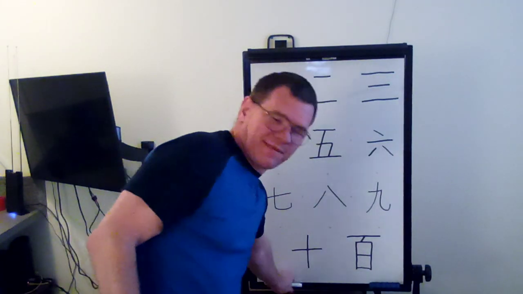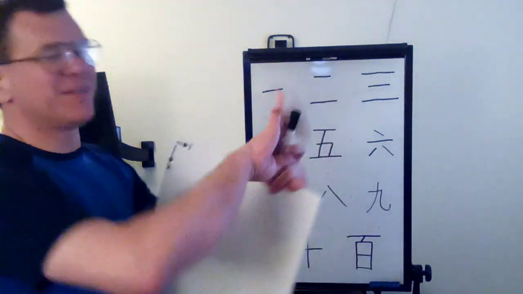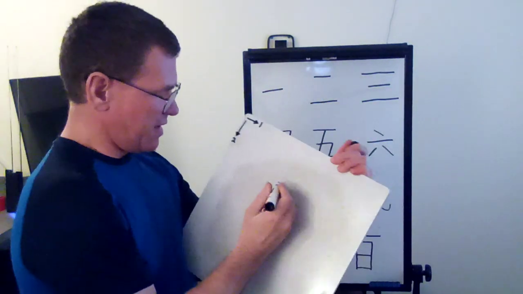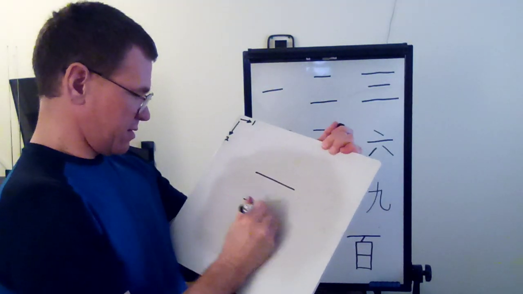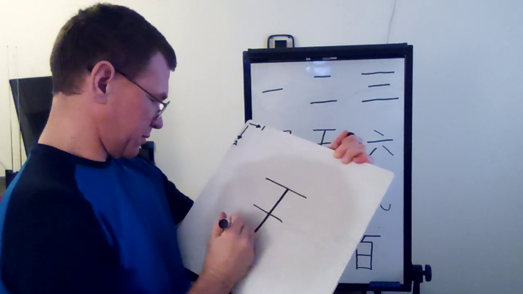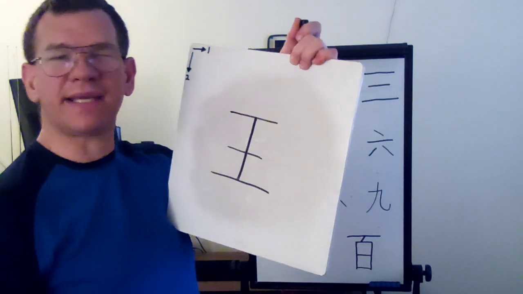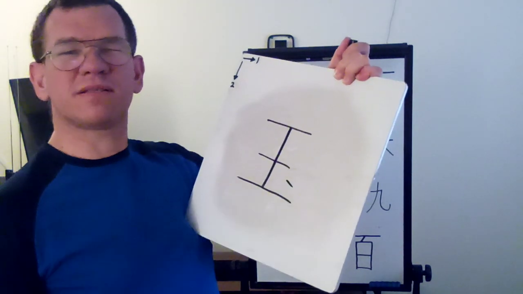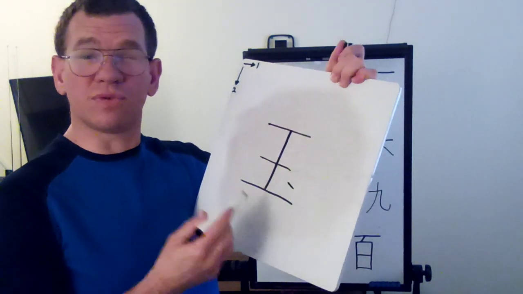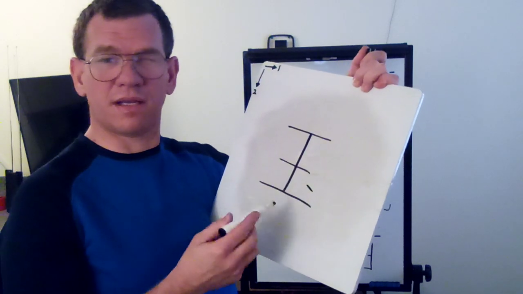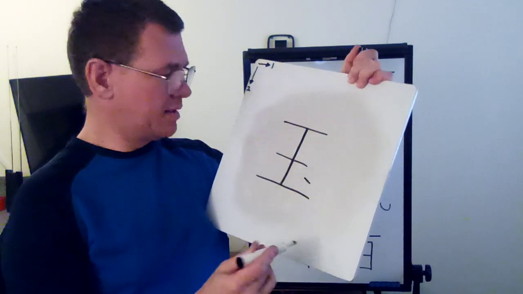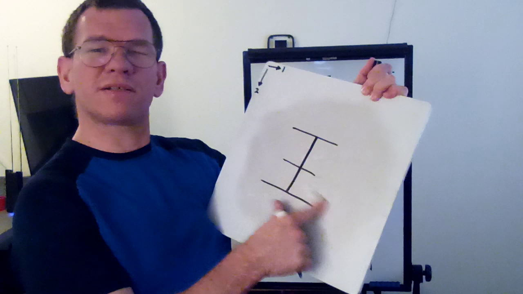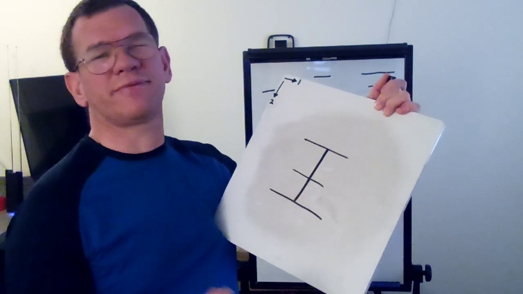So here, for example, let's just go over one. All right, this is king. If I add a dot, that means the stone, jade, not the specific stone, jade. So one little dot makes all the difference.